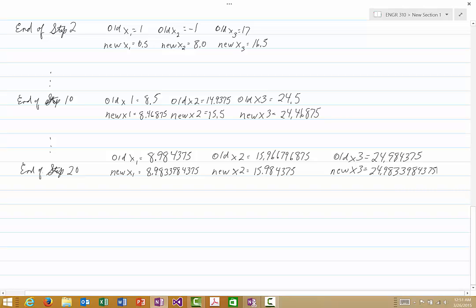Now let me remind you that what we found above was that the exact values were x1 equals 9, x2 equals 16, and x3 equals 25.